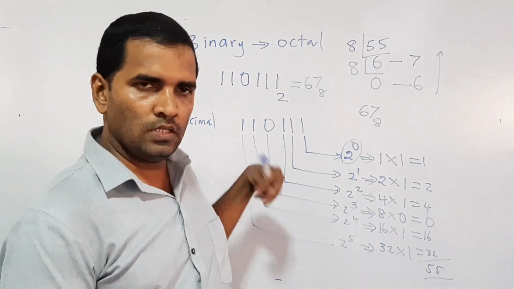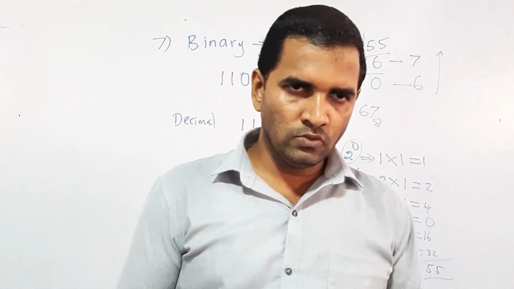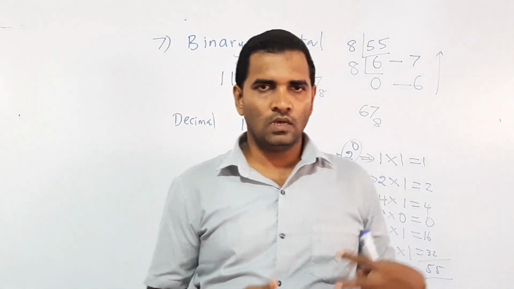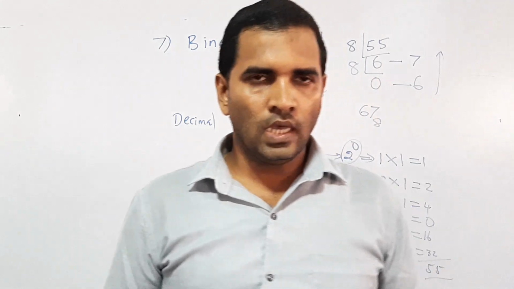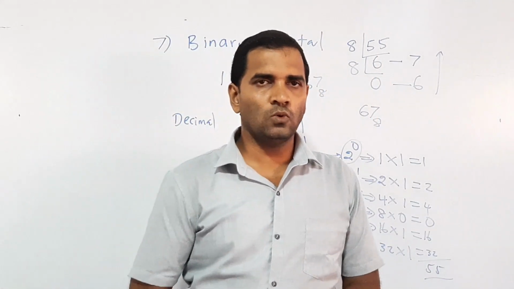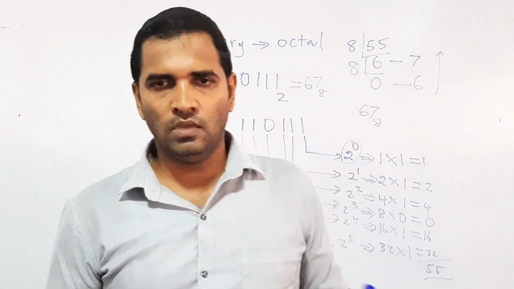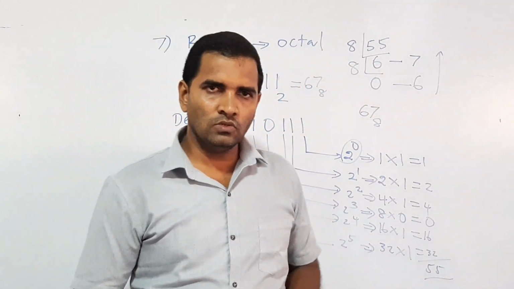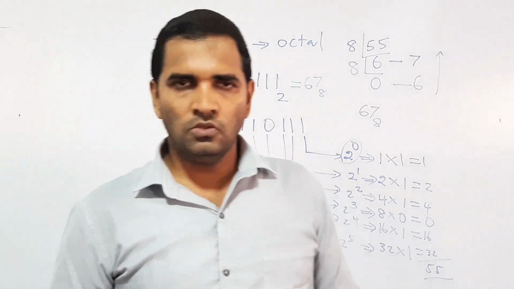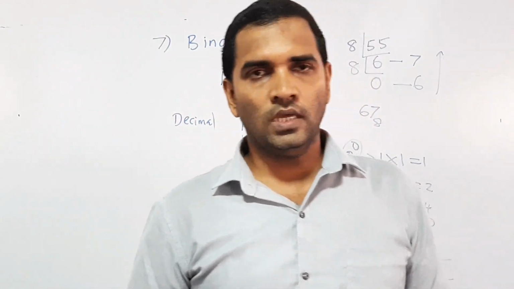This may be okay, this is correct. If you use it in examination, they definitely accept. But since we have to manage all our conversions within the time, I'm not going to suggest this method to you to use in examinations.